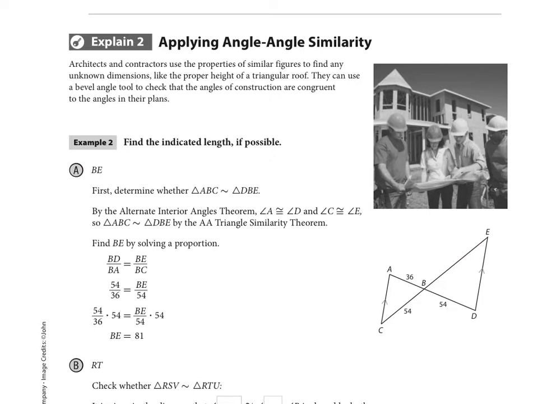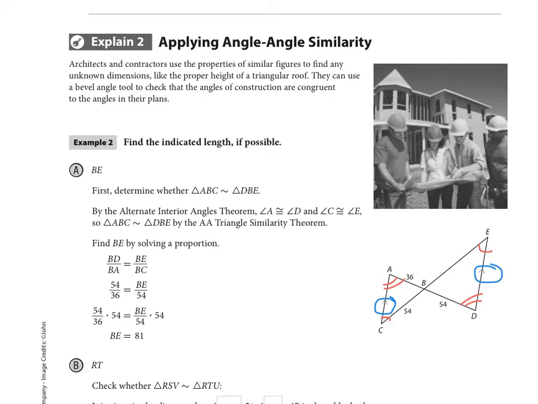What we can conclude, though, from the given information being, namely, that we see these parallel markings. Remember what that means is that we can have alternate interior angles be congruent. So angle C could be congruent to angle E, and angle A could be marked congruent to angle D. As soon as we know that, there's our two angles for angle-angle similarity.